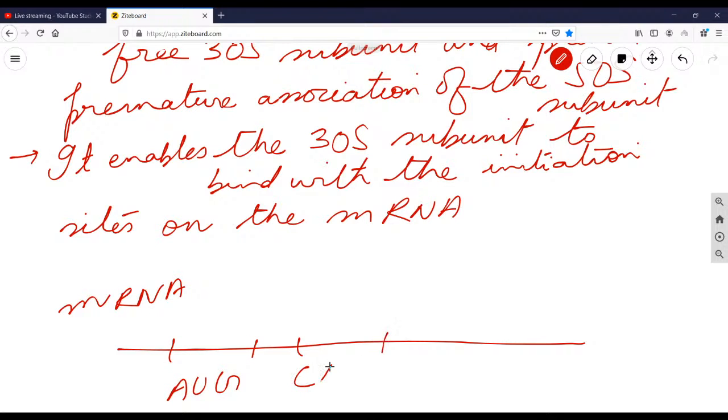The AUG codon will have a complementary anticodon present in the tRNA, and AUG as a codon is responsible for accepting methionine.